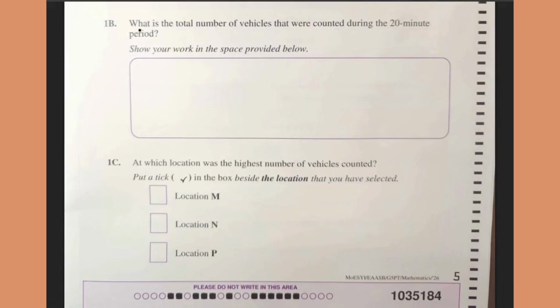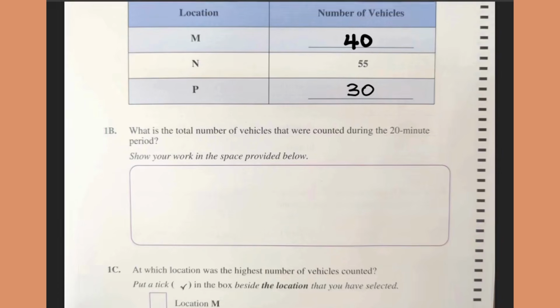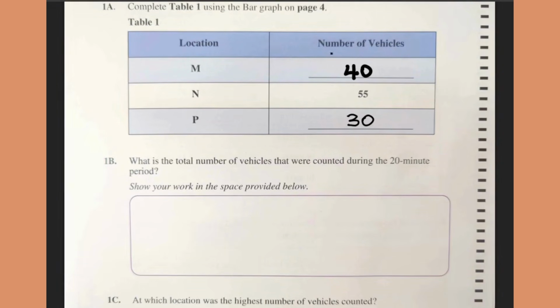1B says, what is the total number of vehicles that were counted during the 20-minute period? Show your work in the space provided. So if we're to find the total, it means that we're going to add up all the vehicles noted. So we have 40, 55, and 30. 5 plus 0, 5. Then we have 3 plus 5, that's 8. And 8 plus 4, that's 12.